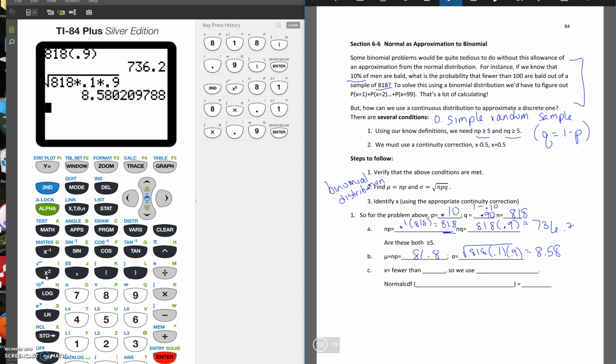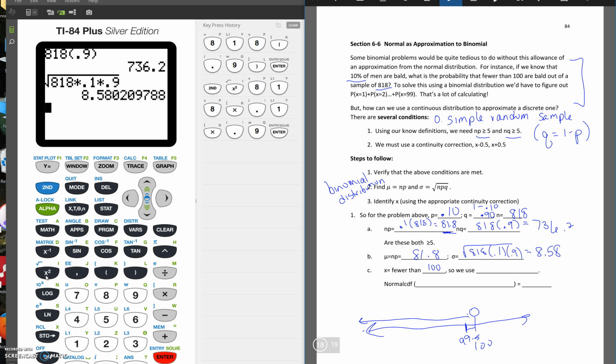Now we want fewer than 100 being bald. That means we don't want to include 100. We want it to be less than 100. If we think of a number line with 100 on it, and we want less than, we don't want to include that. So we're going to go down by just 0.5, so 99.5.